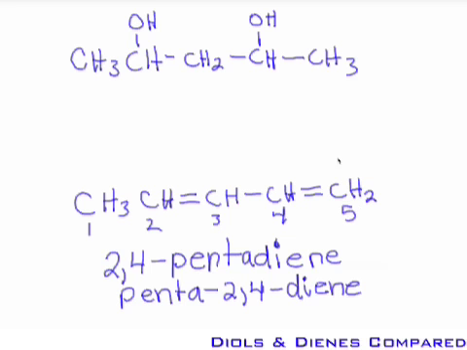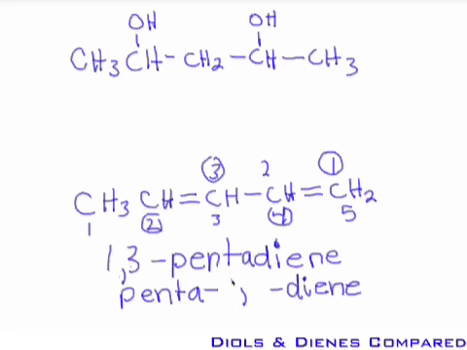But I could have numbered the other way, 1, 2, 3, and gotten a 1,3 numbering scheme rather than the 2,4. 1,3 are lower numbers than 2,4. So the proper name should have been 1,3, not 2,4. Aha! Nodding off there, weren't you?